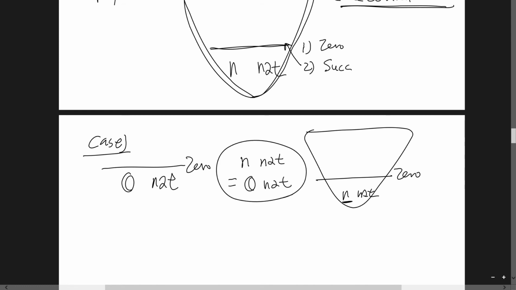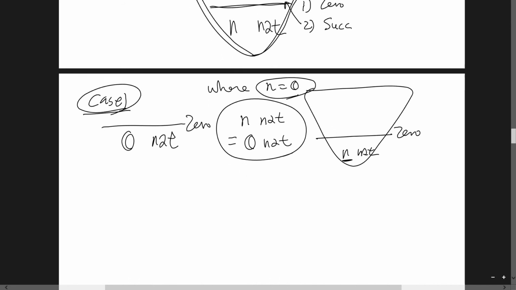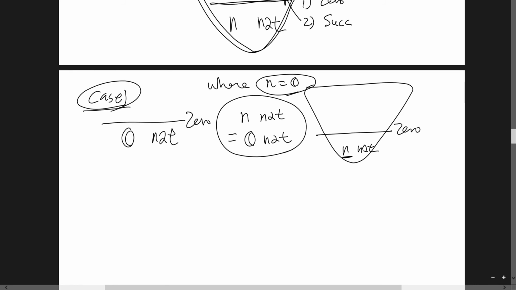Or alternatively, we could say where n is equal to 0. This is symbol 0. So this is the first case. And in this case, basically j is n net, and n is 0, so we have 0 net.